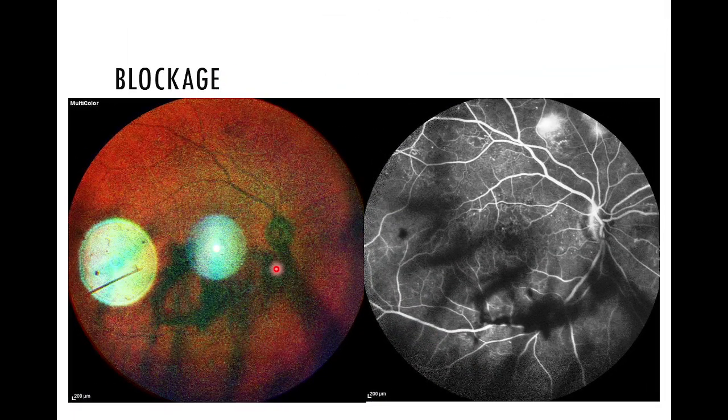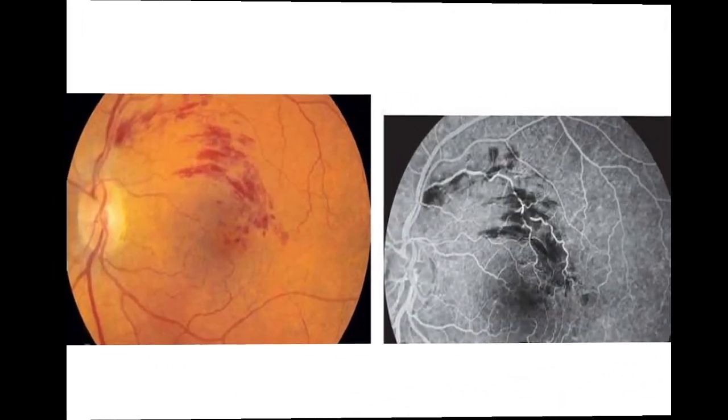So here we can see the fundus picture of the right eye. This is due to vitreous hemorrhage, so the picture is not clear. It blocks the underlying retinal and the choroidal circulation because everything is pre-retinal. Vitreous hemorrhage or pre-retinal hemorrhage blocks all the underlying fluorescence.